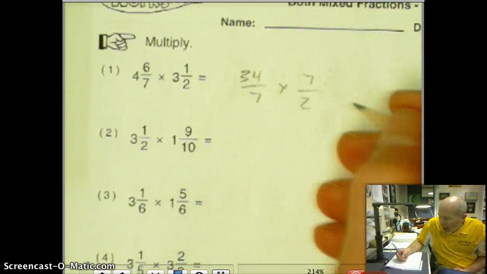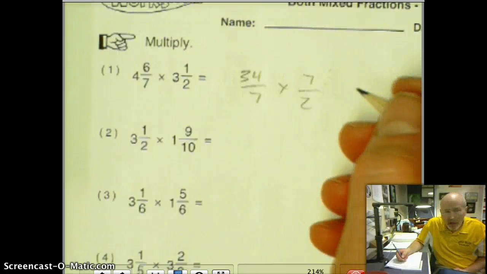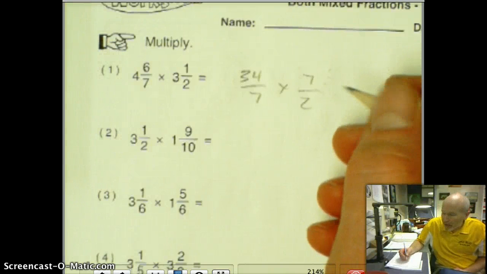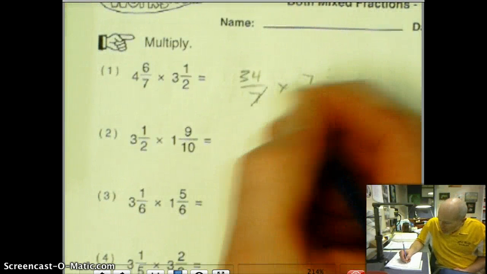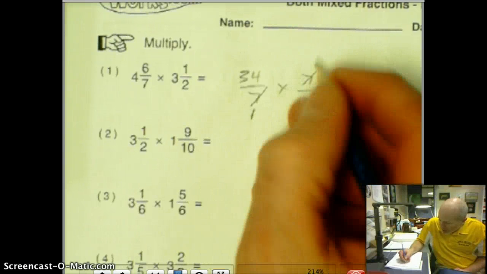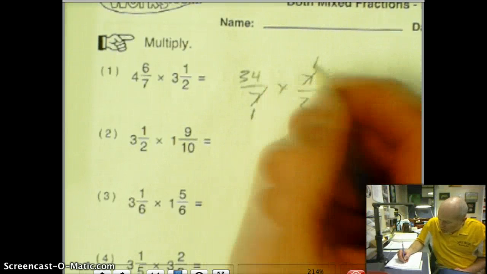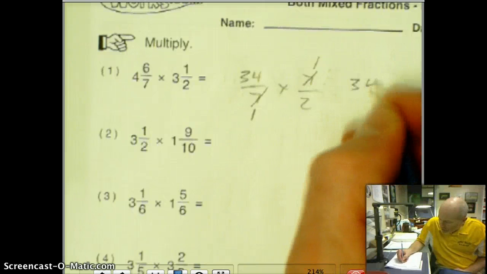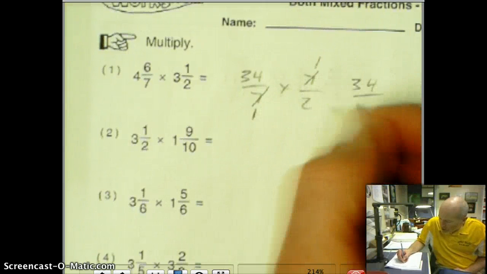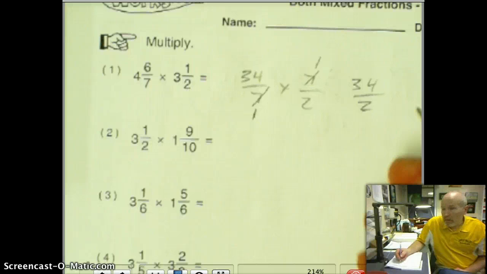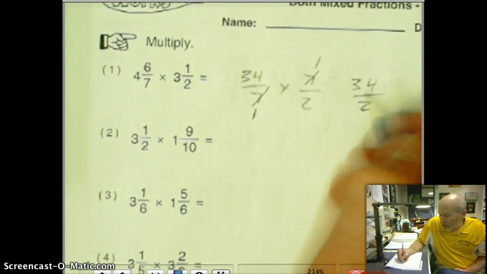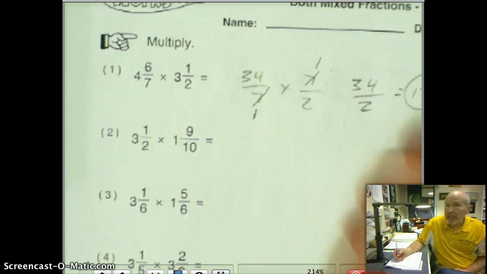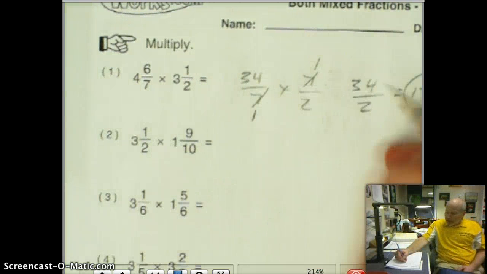Now, I am not looking forward to multiplying 34 times 7 because I am not that smart. However, I noticed right away that I can cross these out, divide each by 7 and get 1. 34 times 1 is 34. 1 times 2 is 2. Remembering that this really is 34 divided by 2, my final answer is 17. I'll move that over here so you can see it.